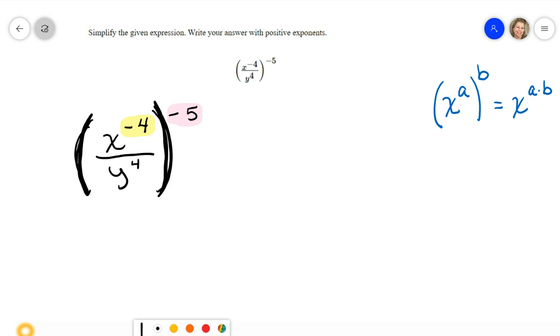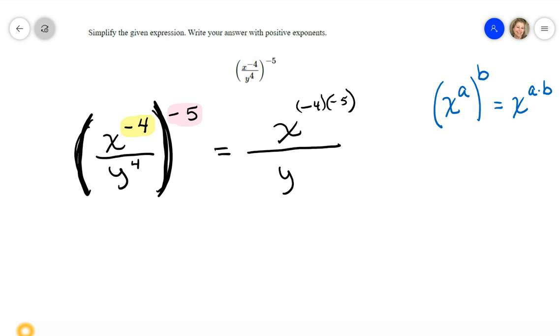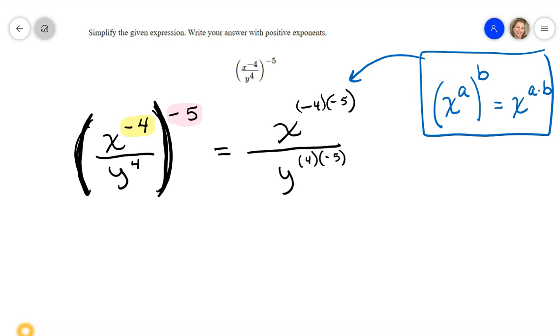So what I'm going to have here is an x raised to the, and I'm going to write this step out, you're going to take the -4 and multiply it times the -5. I'll do the same thing with the denominator. I'm going to take the +4 and multiply it times the -5. I am using this rule right here for both the numerator and the denominator.